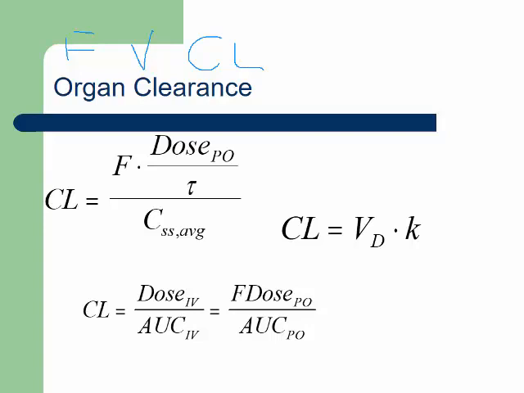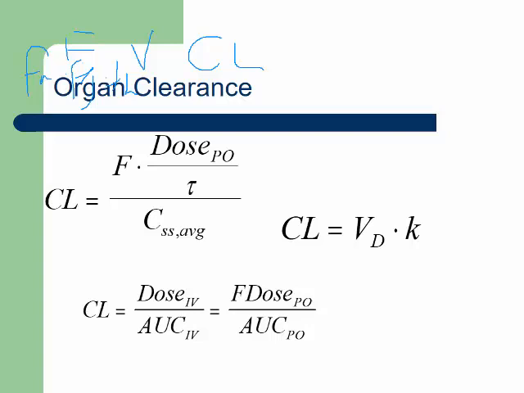We've talked about F, right? F is determined by FA, FG, and FH. We've talked about volume. Volume is determined by plasma protein binding and tissue protein binding, right?